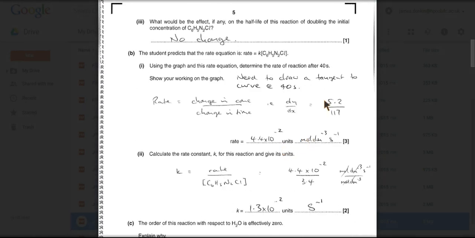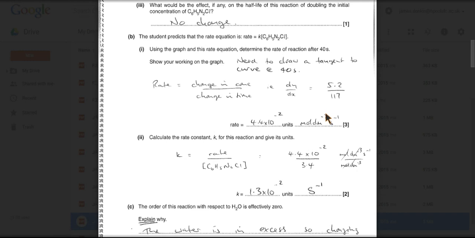So my change in y is 5.2, my change in x was 117, so I'm coming out with 4.4 times 10 to the minus 2. And the units, well, this is concentration, this is seconds, so it's moles per decimeter cubed per second.